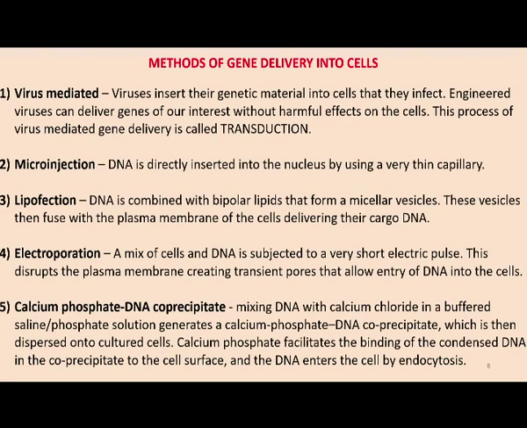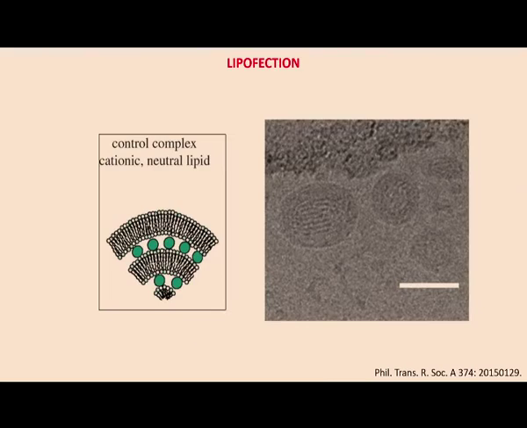So, the third method that we are going to talk about is called lipofection. So, what is lipofection? Now, the word itself may give you some hint, because there is the word lipo. Lipo comes from lipids. The cell membrane is basically lipids and proteins, and the lipids orient themselves so that they form a bilayer, and this is because the lipids have a hydrophilic head and a hydrophobic tail, right.